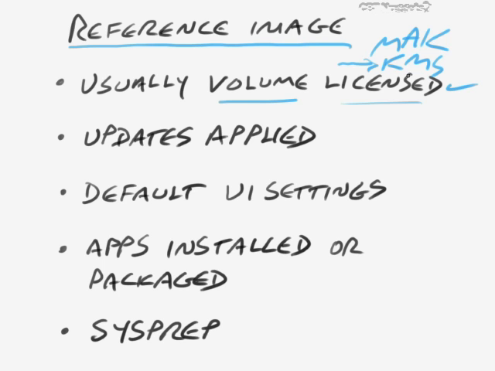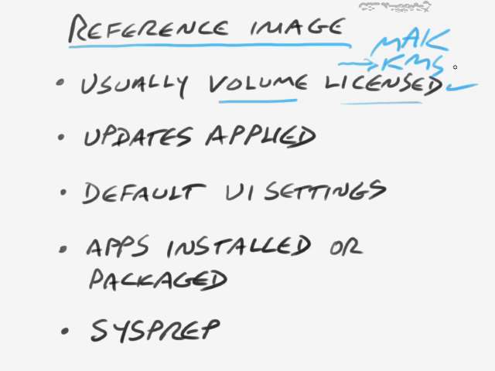What happens with this type is that each client actually has to be in contact with a KMS server, and it doesn't require activation directly with Microsoft computers. MAK keys will allow you to activate it directly against a Microsoft server, and the MAK keys will allow you to activate multiple machines, but it's still better for smaller businesses or businesses that aren't too big. KMS is going to be probably more frequently used.